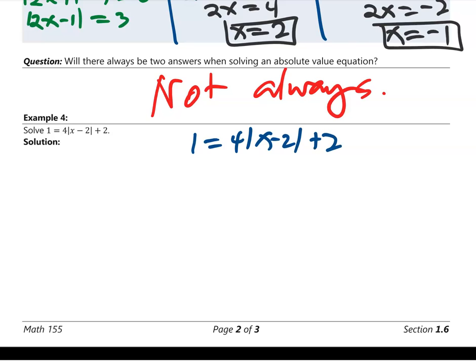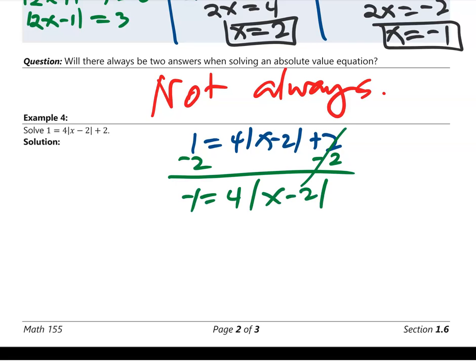If we isolate the absolute value, subtract 2 from both sides. So negative 1 is equal to 4 times the absolute value of x minus 2, and then we divide both sides by 4. So negative 1/4 is equal to the absolute value of x minus 2.